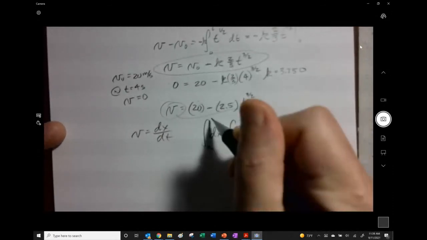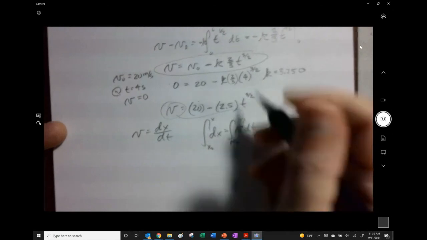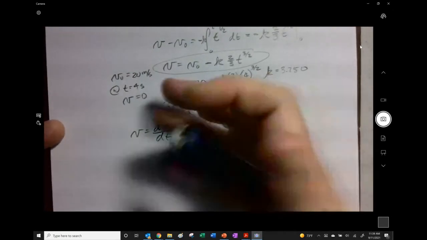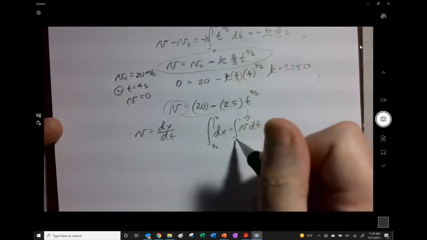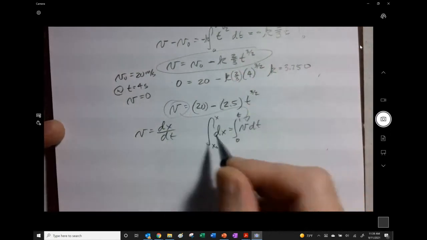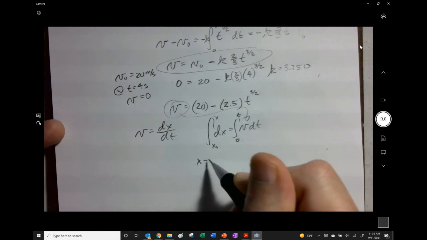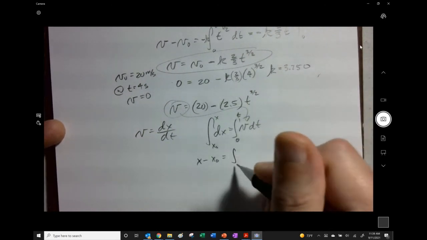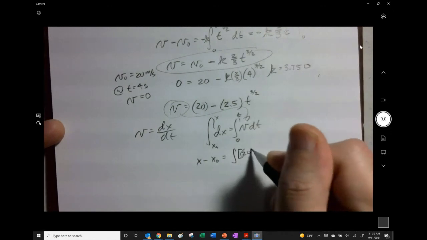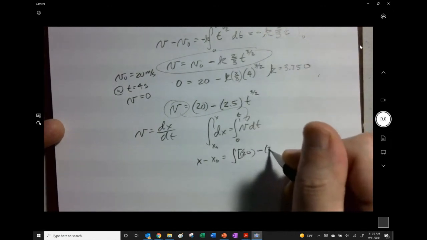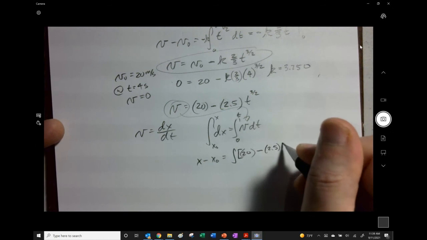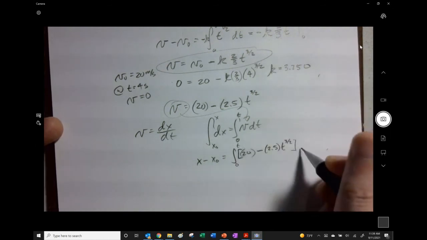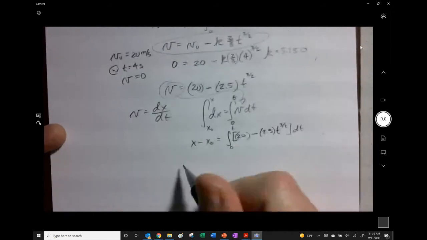So this is from x naught to x, and this is from 0 to t. Sorry, it's time that we're working on, right? Time is the variable, so it's going to be 0 to t. So we'll get x minus x0, and for this, the integral of 20 minus 2.5 t to the 3/2 from 0 to t dt.